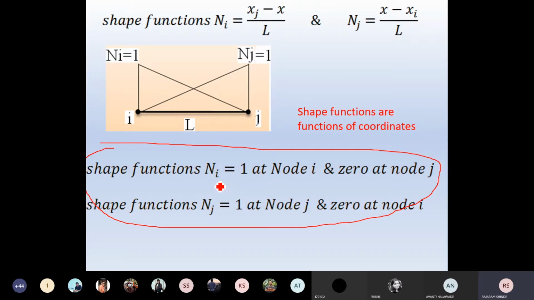If we consider Ni, it is 1 at node I, and if your element has any number of nodes, at all other nodes it is 0. You have to remember this very important property, and it is one check of your solution. Now I will show you that in numericals.